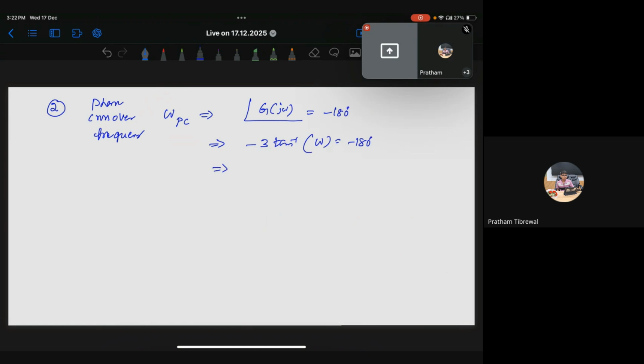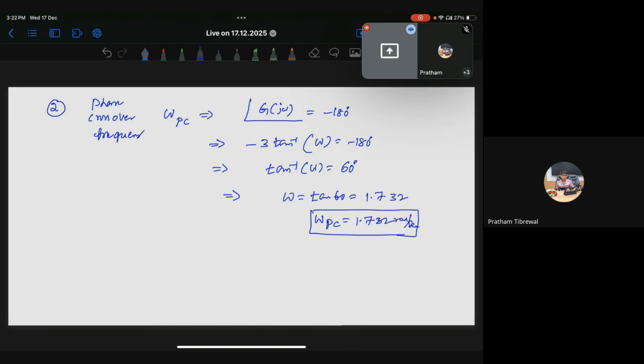Then tan inverse omega is 60, so omega is tan 60, which is 1.732. This is nothing but omega PC, in radians per second.